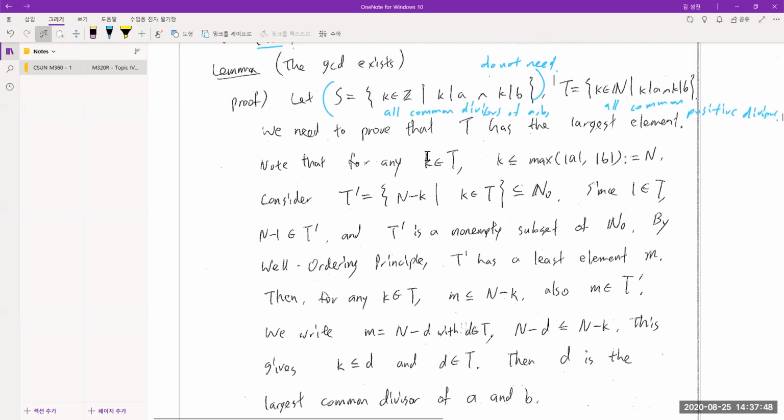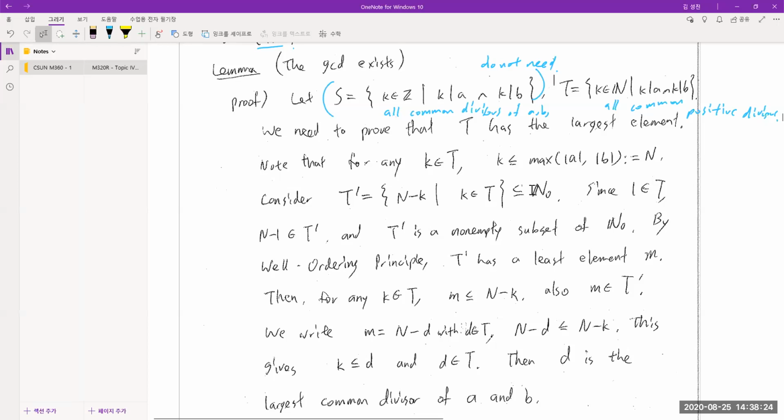So note that for any K in T, K must be less than or equal to the maximum of the absolute values of A and B. So let that be capital N. And consider T prime, which is the set of differences N minus K, with K belonging to T. Then, because of this inequality, N minus K is always non-negative.